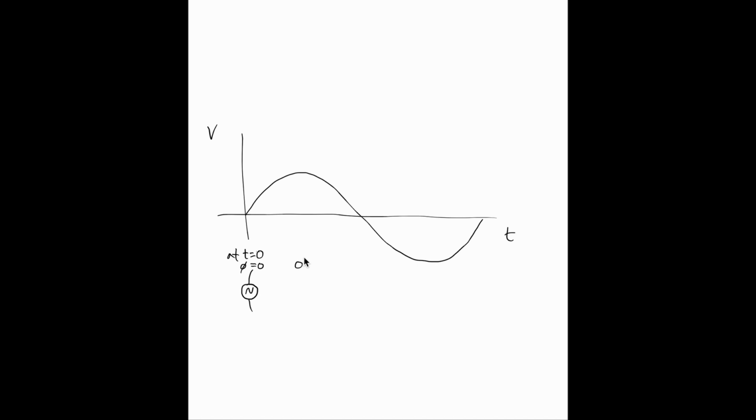Here we'll be at a phase of pi over 2, and we want to see what the source is like at that time. Here we'll have a phase of pi, and let's take a look at the source at that time as well. Finally, we have a phase of 3 pi over 2, and let's see what things are like then.